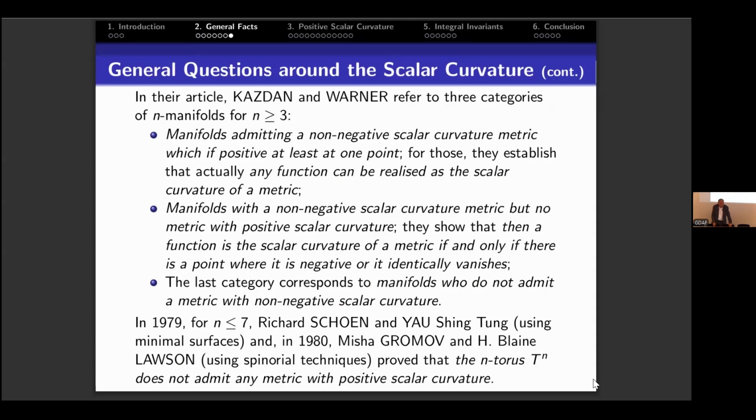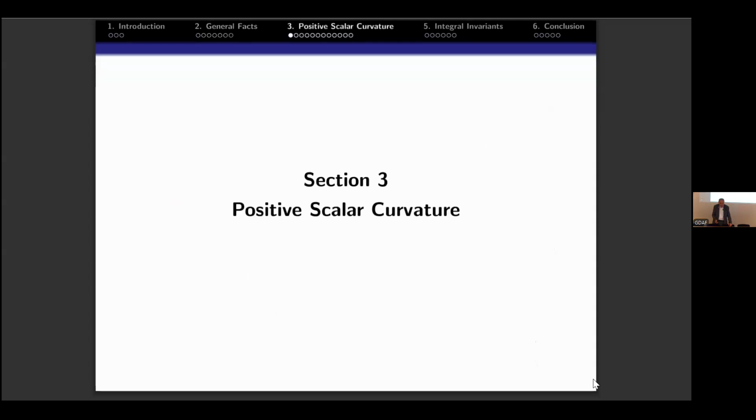They proved that the torus, Tn, does not admit any metric with positive scalar curvature. So in the theory of Schoen and Yau, it was limited to dimension less than 7, but after that, this constraint was lifted. And so it's very interesting because it shows that on the torus you cannot find metrics of positive scalar curvature, which was, of course, one of the open questions.